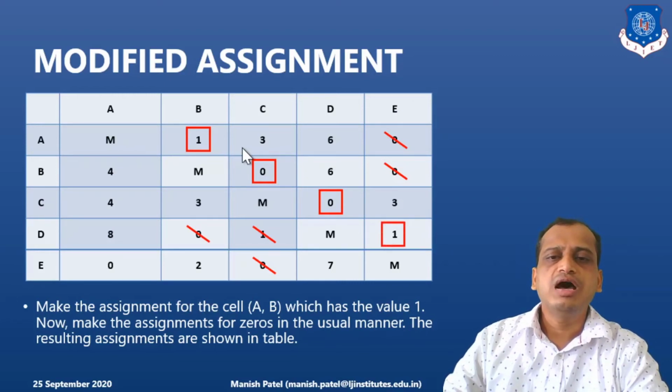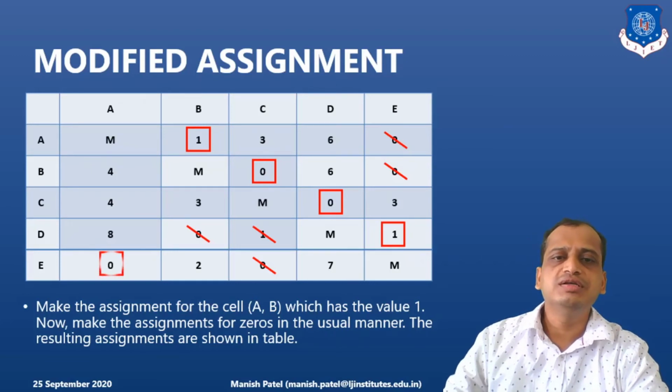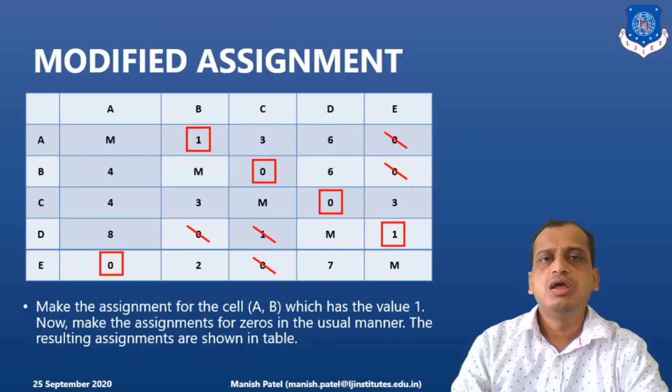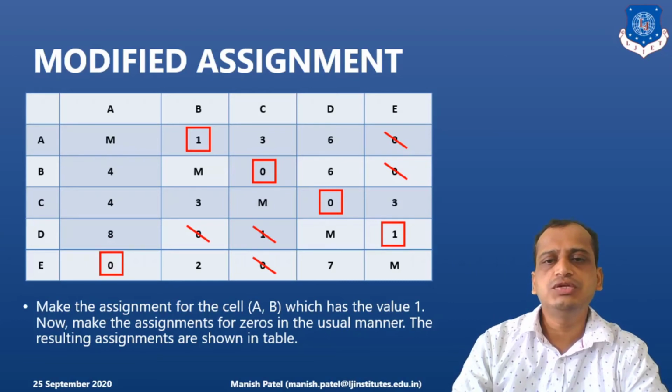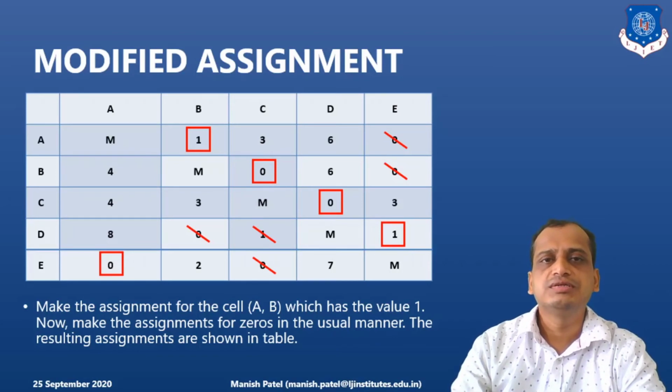In D, I will assign 1. Why? Because 1 is also an assignment criterion, as the second minimum element. So D to E. And finally, I have assigned E to A. Clear? Now there are 5 assignments: from A to B, from B to C, from C to D, from D to E, and from E to A. Now, if you carefully see here, the cycle completes, right?